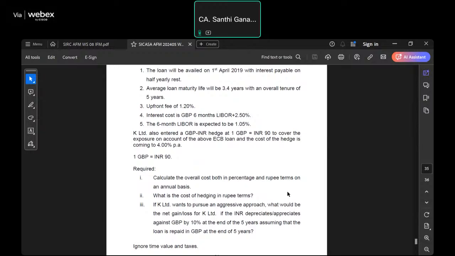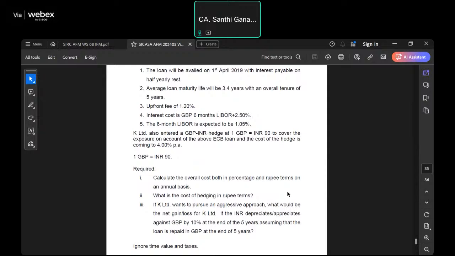Upfront fee 1.2%. Interest cost is GBP 6 months LIBOR plus 2.5%. Of course, LIBOR has been withdrawn, but in the question, whatever they give as the benchmark, we will accept. 6 months LIBOR is expected to be 1.05%.